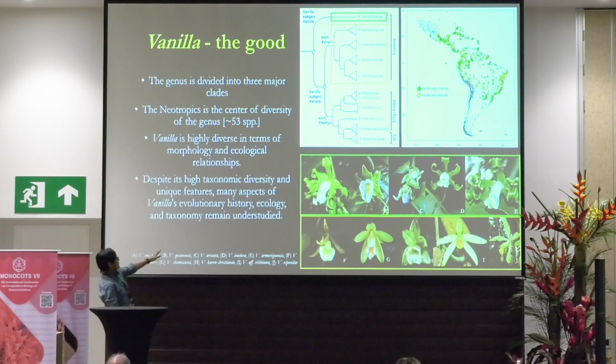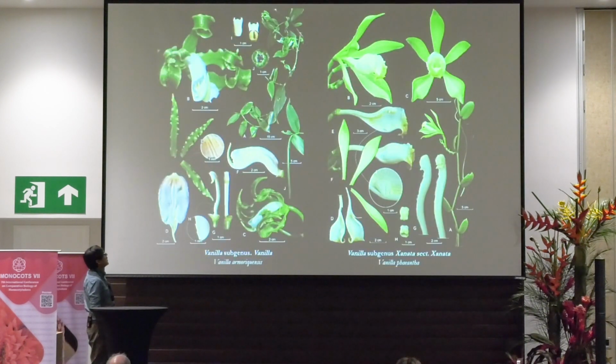And I'm counting this one as a good thing, despite its high taxonomic diversity and also the fact that it's one of the most known or most famous groups in orchids. We don't know much about these orchids. We don't know much about the biology, the taxonomy, the nomenclature, or the ecology. So I think that's a good thing, because that gives us a fertile scene where we can do a lot of research here.